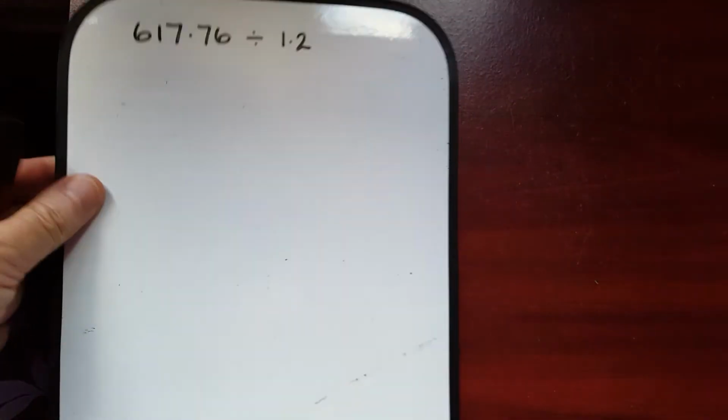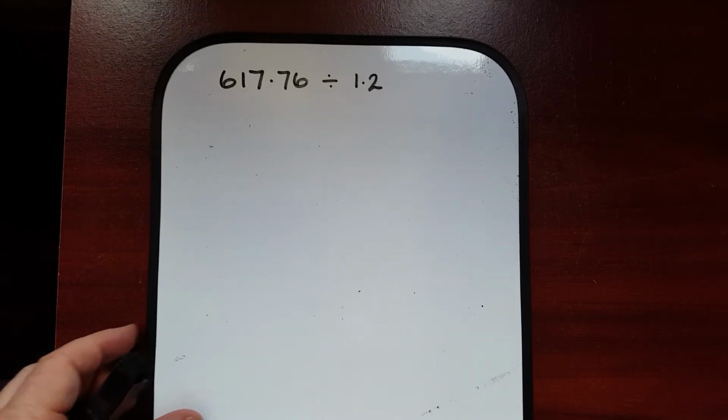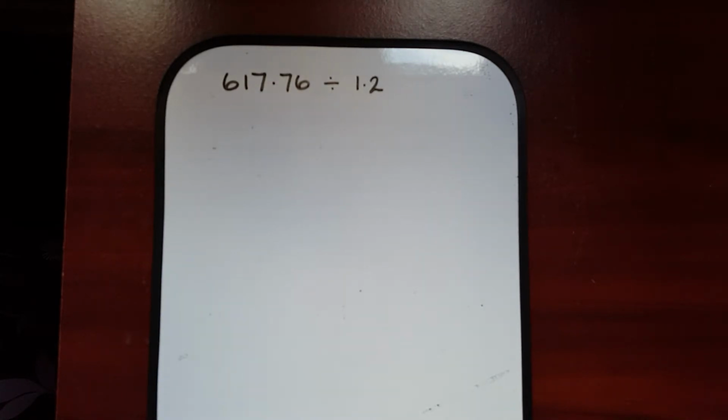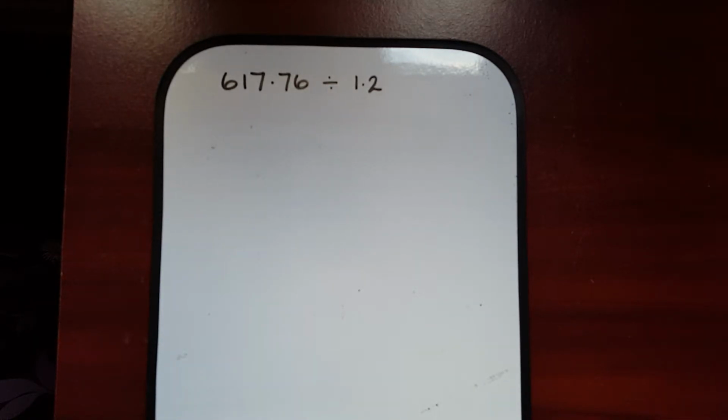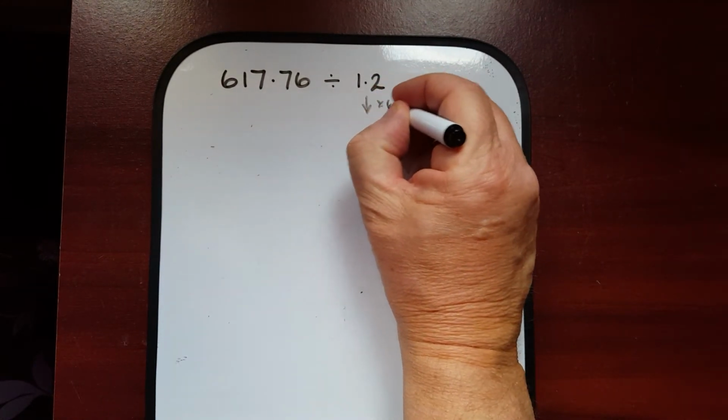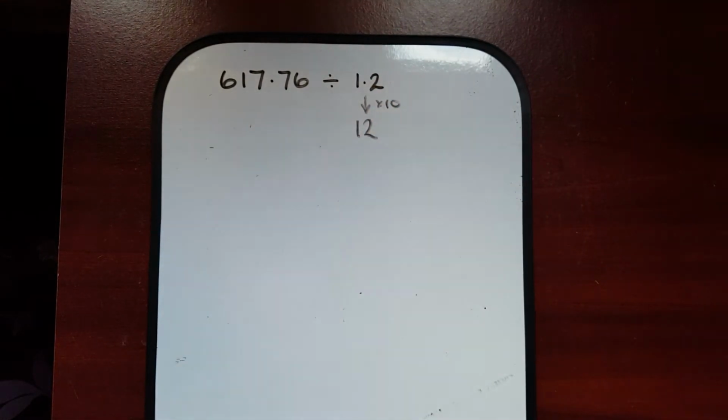And the hardest version is going to look like this. Now this is obviously one we can't do in our head. 617.76 divided by 1.2. Remember what we said first of all, get the divisor to become a whole number. So again, that's going to be multiplied by 10, isn't it here? Times it by 10 so that that becomes 12.